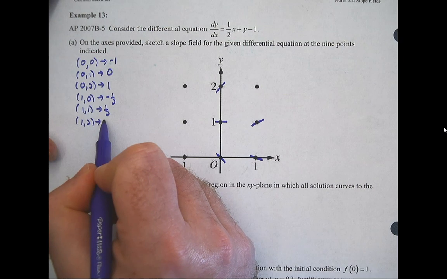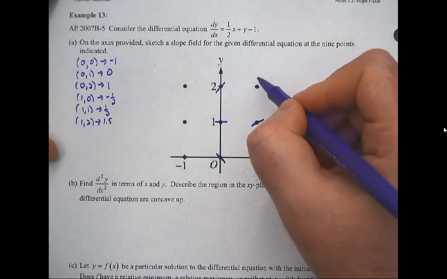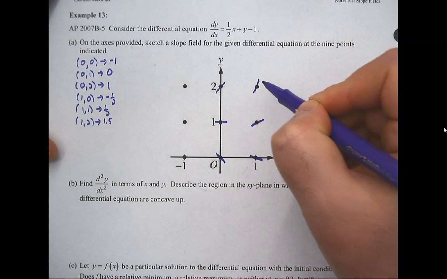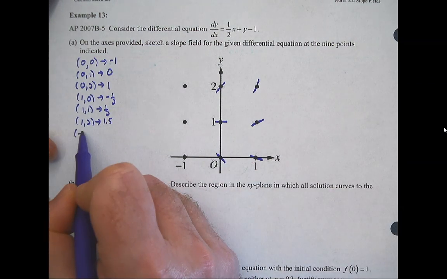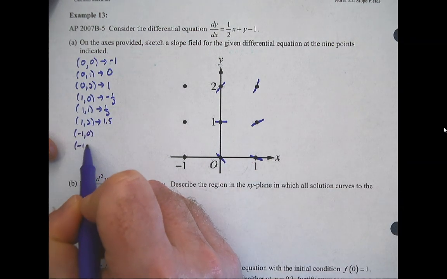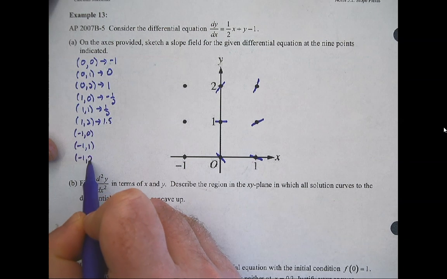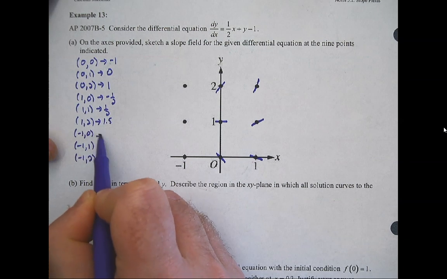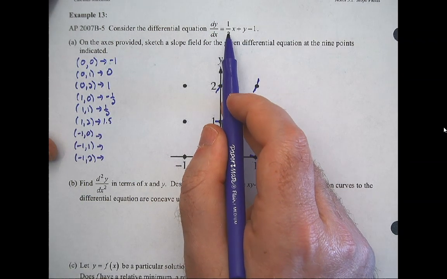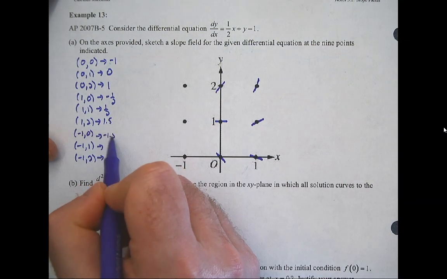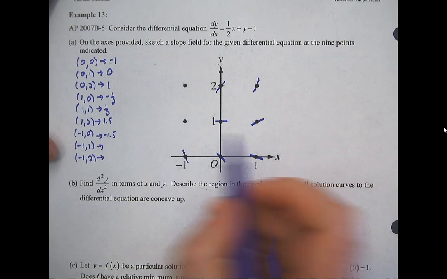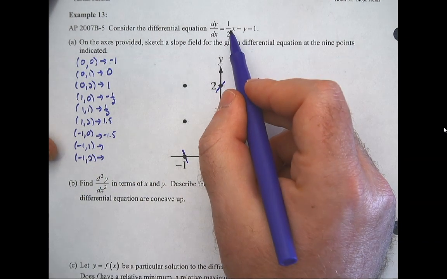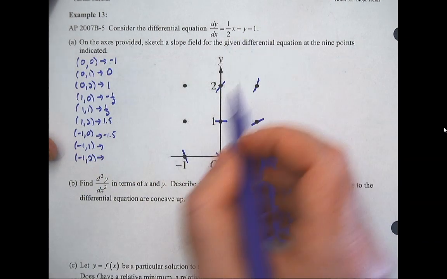That would be 1 and 1/2, so 1.5. So that's something bigger than 1. And then we go the other direction, -1, 0, -1, 1, -1, 2. -1, 0 would be -1/2, minus 1 would be -1.5. So I want to try to make that a little steeper. -1, 1, that would be -1/2, that'd be 1, take away, that's -1/2.